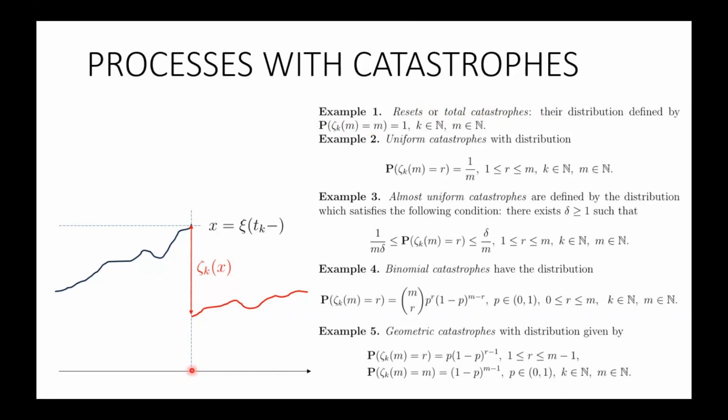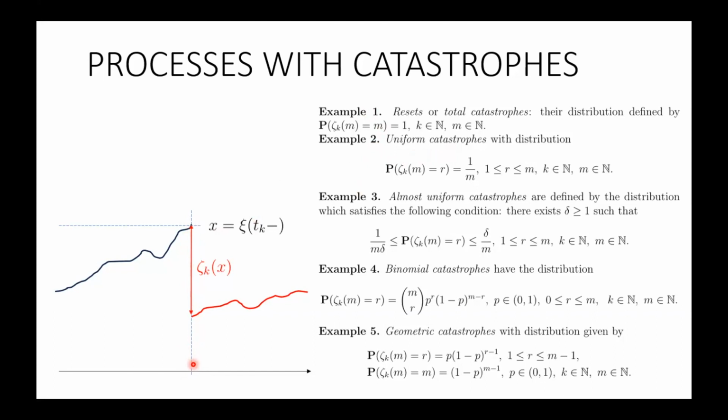This type of catastrophe is very often used in search processes in physics literature, for example. Another example is uniform catastrophes, which are also very well studied: if our process is at the point x, we choose the next point uniformly in all this interval.